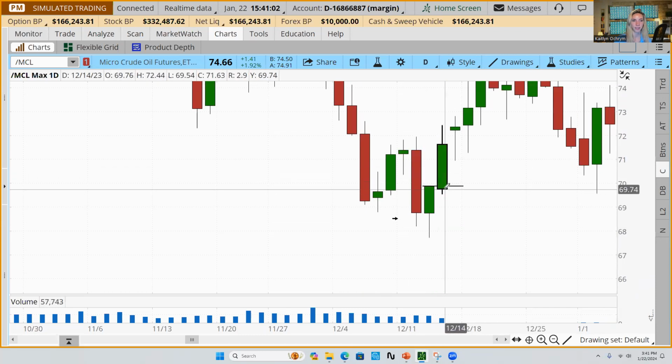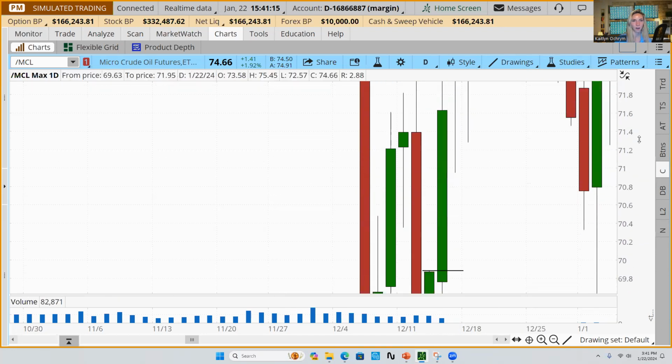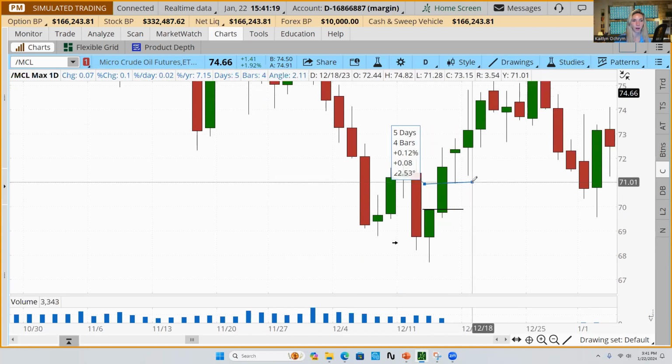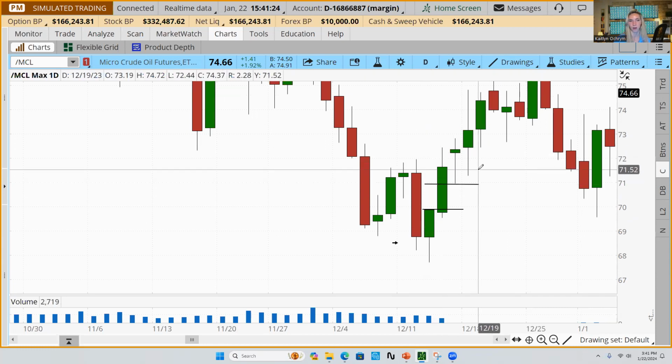Now we opened slightly lower when the futures market opened, but within, I would say, 1 to 2 hours, we started pushing to the upside. By the time it was 9:30 Eastern, the markets had already made a pretty significant move, and we were about up here by the time the stock market opened.